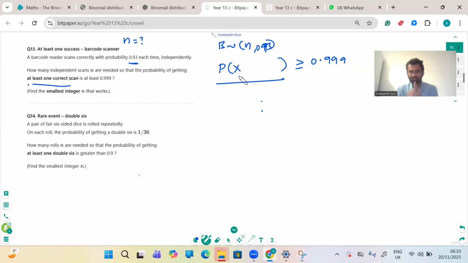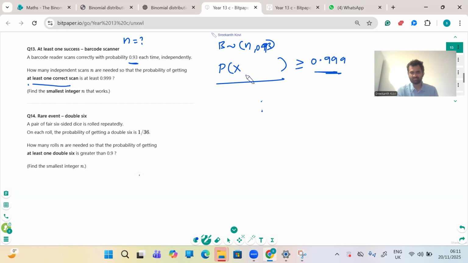At least one of them should be successful, with probability greater than 0.999. I'll repeat it: how many scans are required to get at least one of them successful, with the probability being more than 0.999.